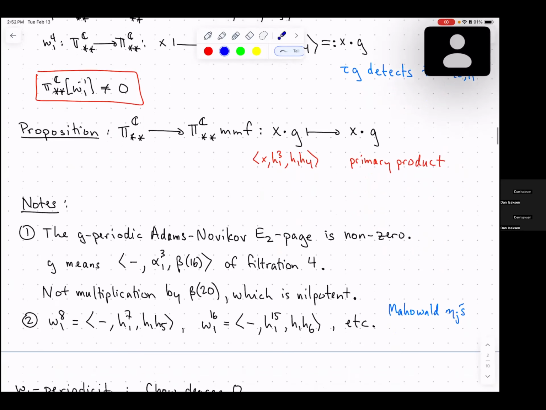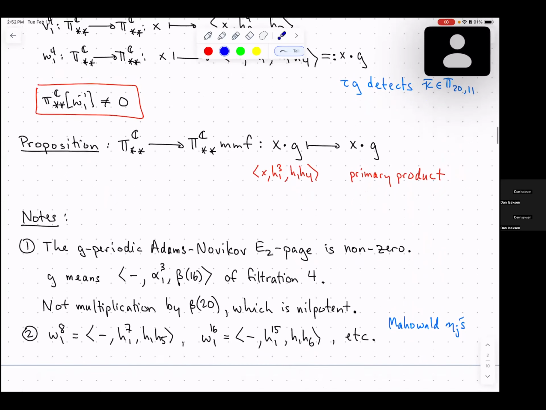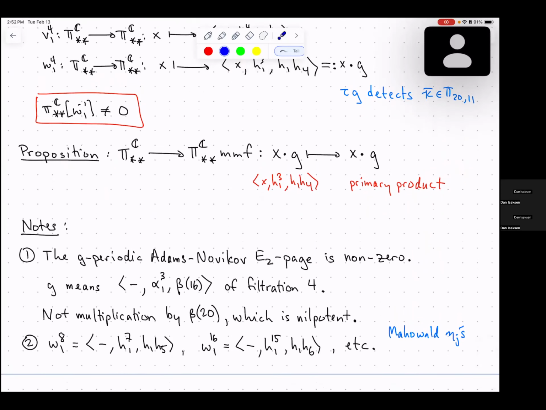A couple of notes here. What's the point of this first remark? I wrote this two weeks ago, and I'm sure I had a really brilliant reason to say this, but maybe the point is that a lot of these things I'm going to talk about today about W1 periodic homotopy can be rephrased in terms of the Adams-Novikov E2 page.